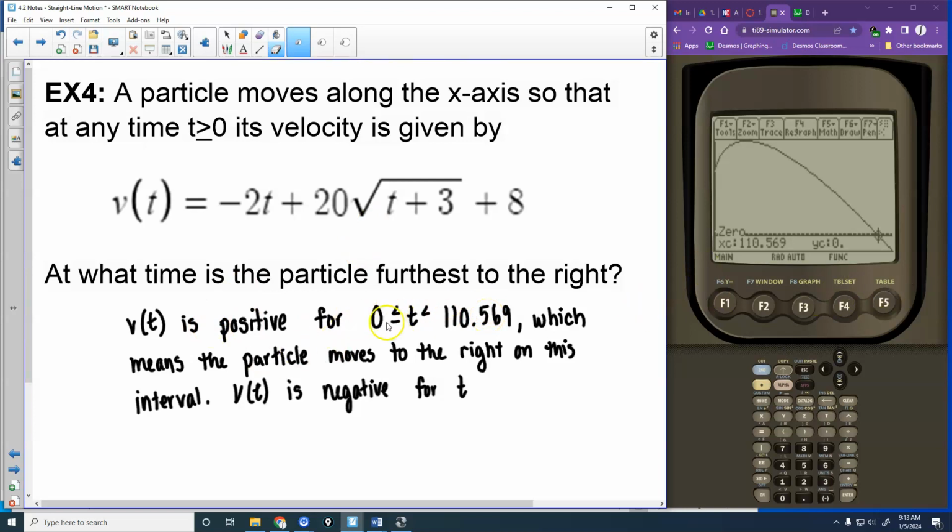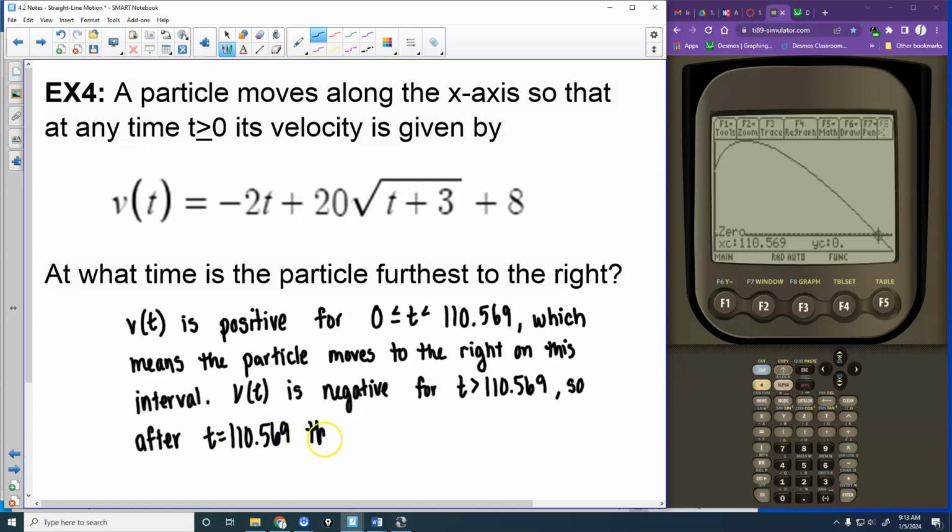I think that's something they're not going to count off for, but should be perfectly correct. For t is greater than 110.569. So after x of t equals 110.569, the particle moves to the left.